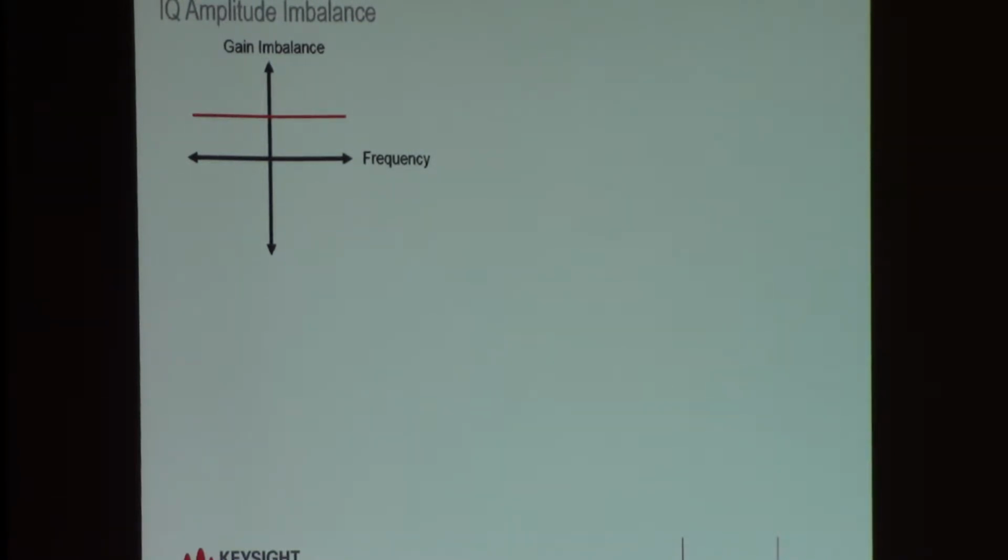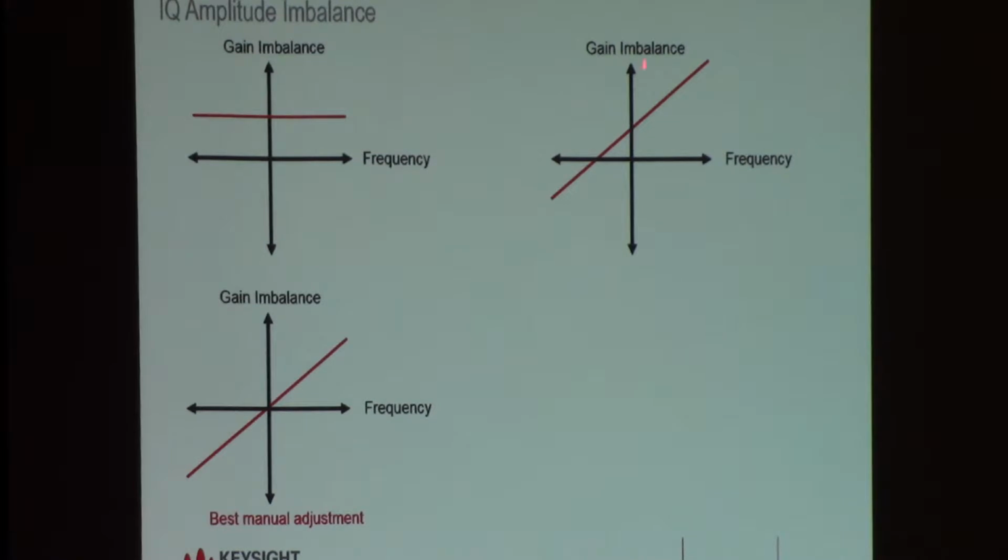But consider this. What if I had a gain imbalance that looked like that, which was a function of frequency? Uh-oh. Now there's no single number, or no single lever I can adjust to make this perfectly flat. The best that I could do is to center this line so it crosses through the origin.